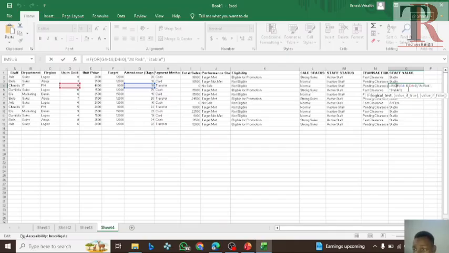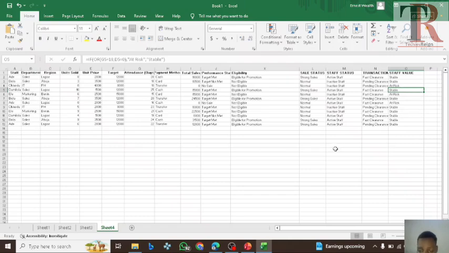So once one of the conditions is met, then it will show at risk. If none of the conditions are met, then it will show stable. The or function states that if one of the conditions is met, then display, else don't display. So if one of them is met, at risk. If none of them is met, stable. And that's how we've calculated our staff value. We know the staff that is at risk, and we know the staff that is stable.